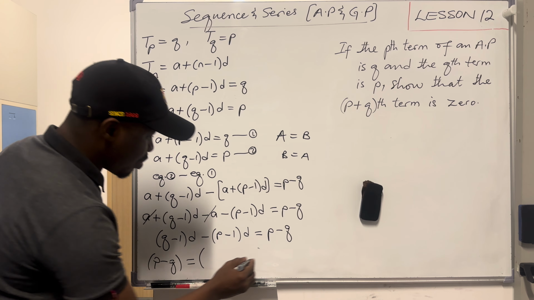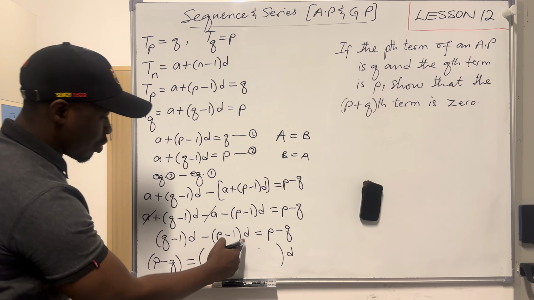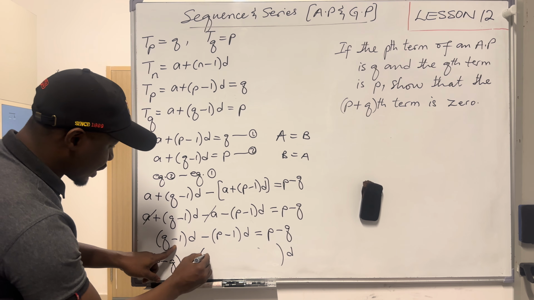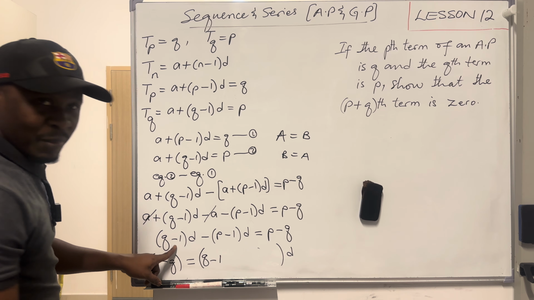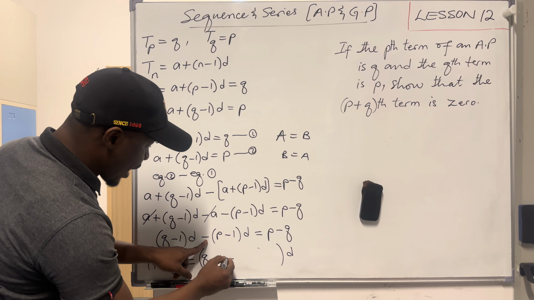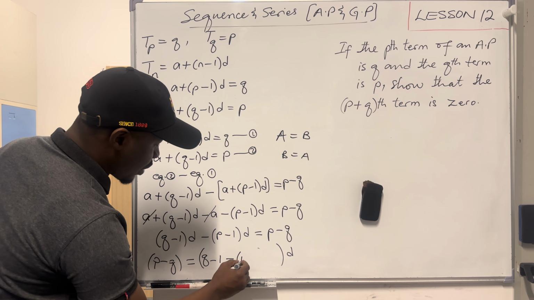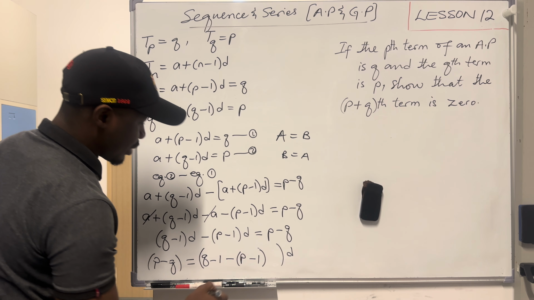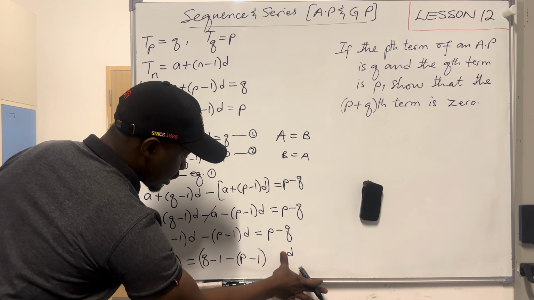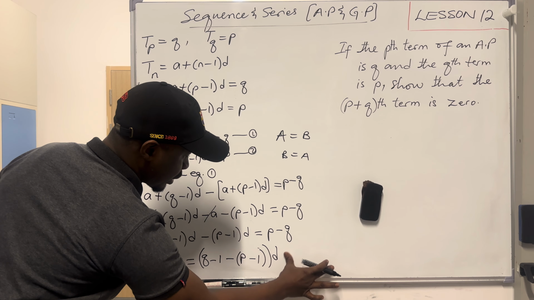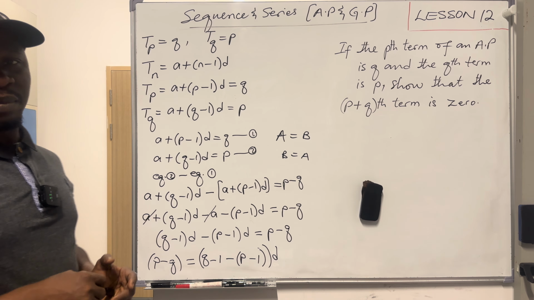They have D that is common. There is D, there is D. So if this D takes away this D, what happens? Q minus 1. Do not forget there is minus. If this D takes away this D, what happens? We have P minus 1. This bracket closes this. Here is our D. I hope you understand my point.